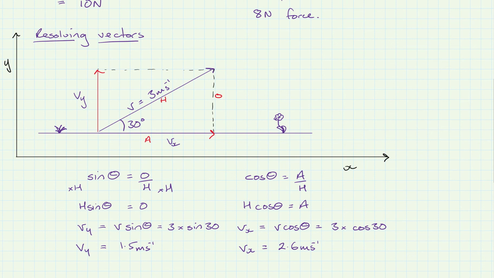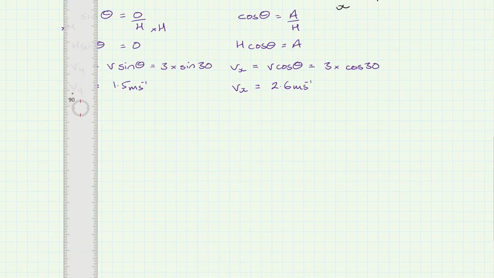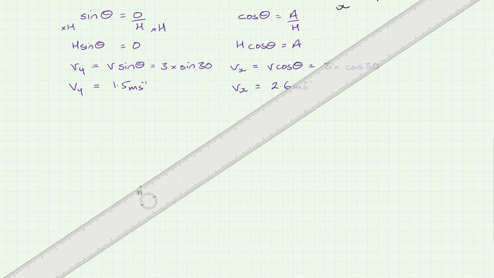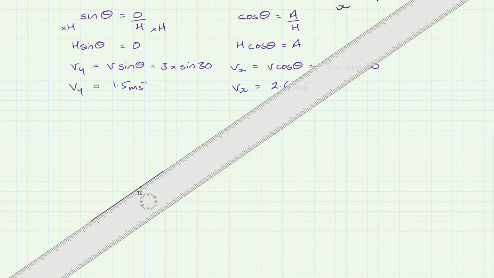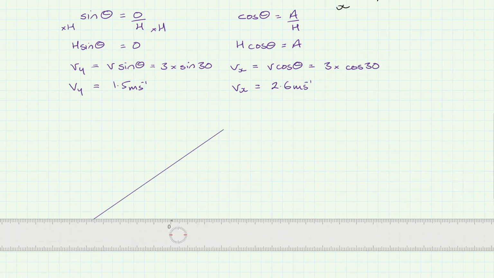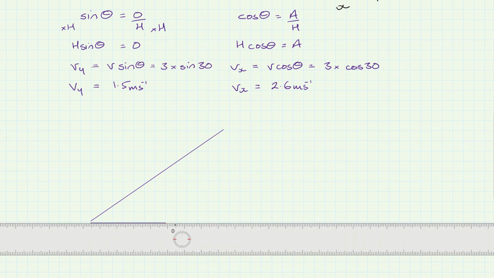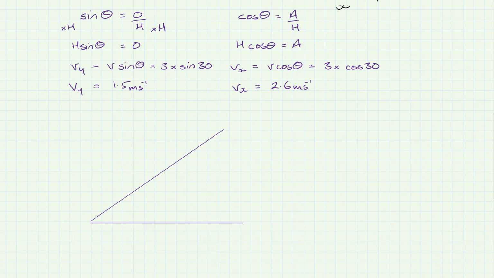So I said it wasn't always the case that splitting them into x and y would be the best. So in a case where I have something on a slope, and I have a centre of mass, and then I have a weight, mg.